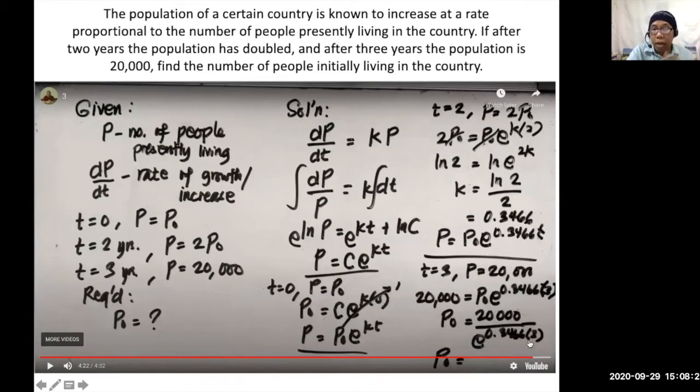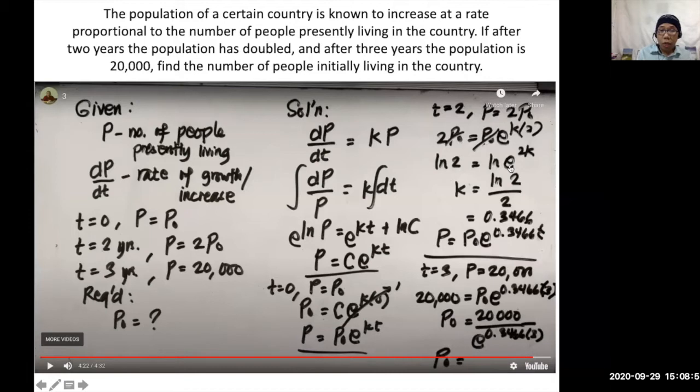The answer here, if you're going to use the exact value, will become 7,070. Okay, let me check with my calculator. If I use k equal to ln of 2 divided by 2, that is 0.34657359.